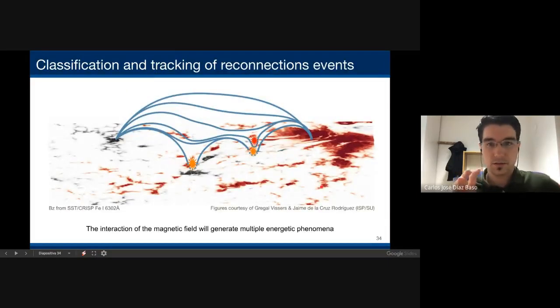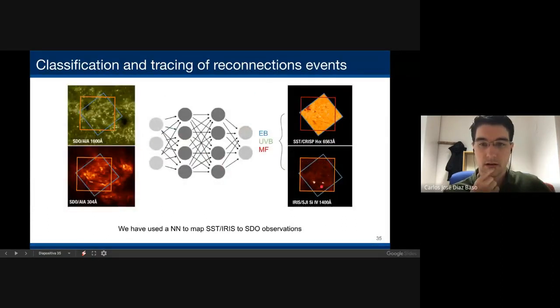And finally, I also wanted to show you something different, not related to regression problems, about classification and tracking. We know that from the emergence of magnetic flux, we will have reconnection events, and we will see these multiple phenomena in very different ways in our observables, for example, in H alpha or in silicon 4 from IRIS.